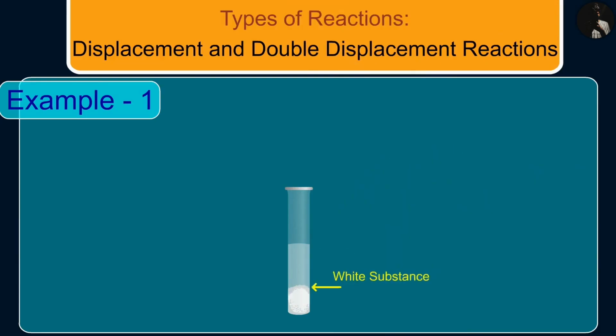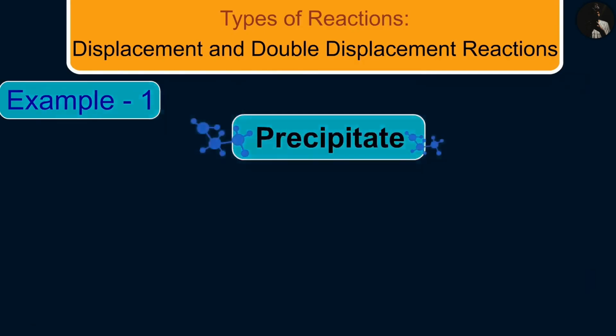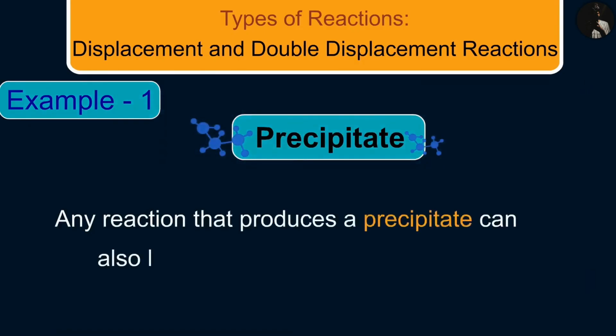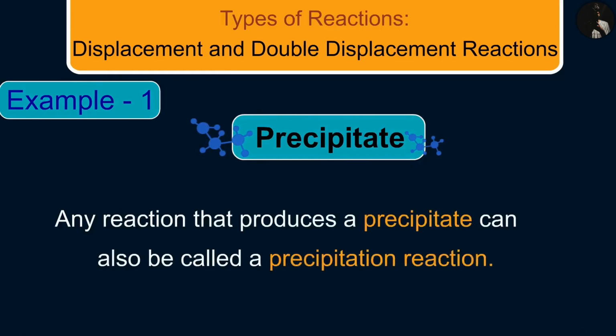This insoluble substance formed is known as a precipitate. Any reaction that produces a precipitate can also be called a precipitation reaction. So students, how is this reaction a double displacement reaction?